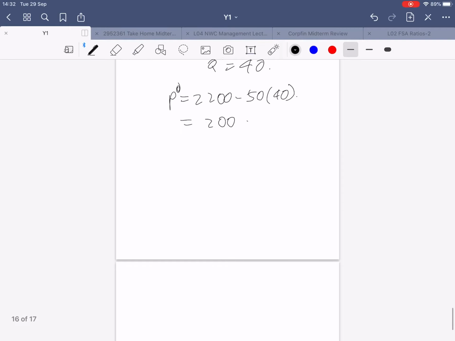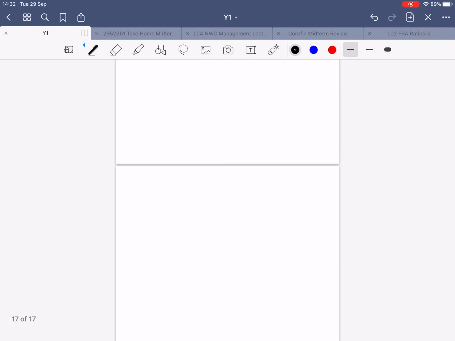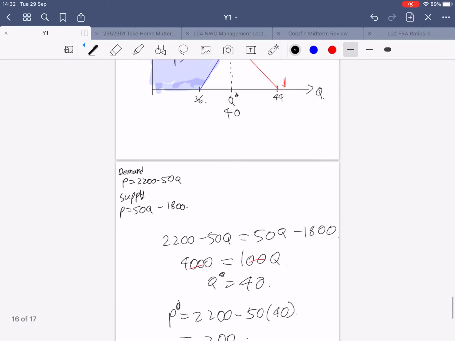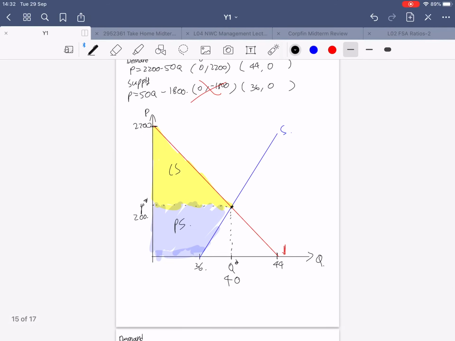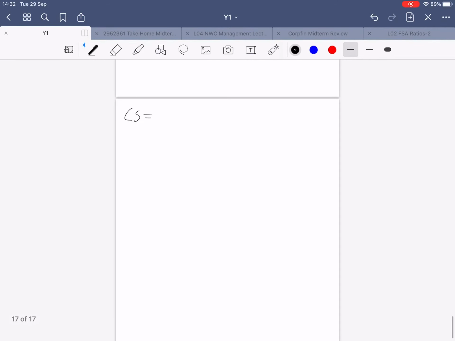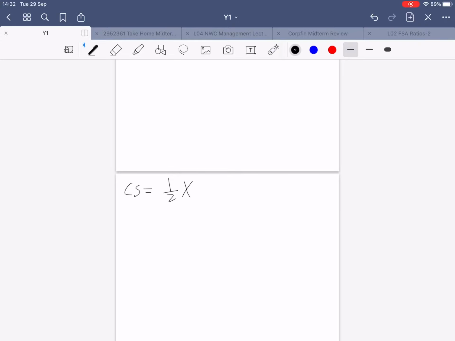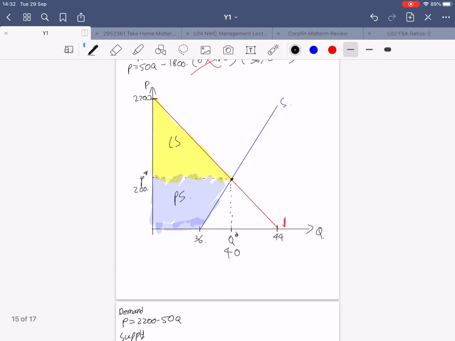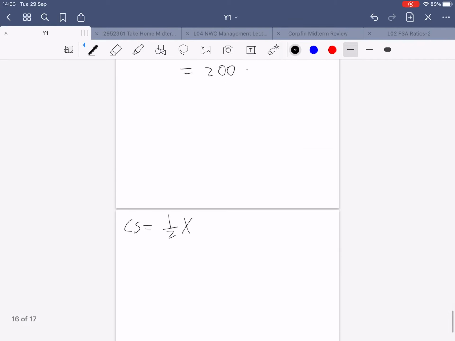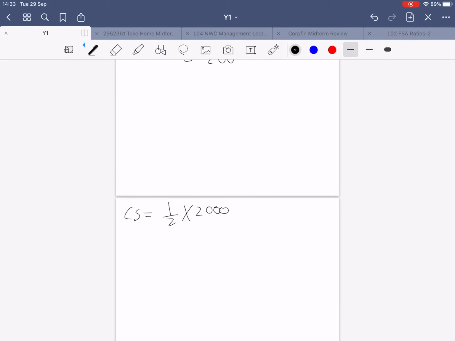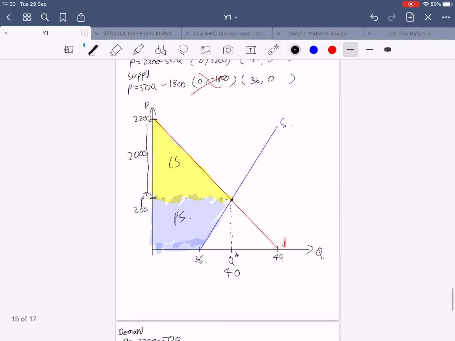CS, as you can see, is a triangle, so it is going to be 1/2 times height, which is 200 to 2200, so it is going to be 2000, times base, which is 40.